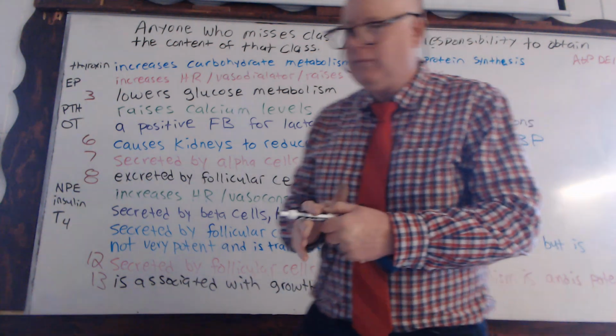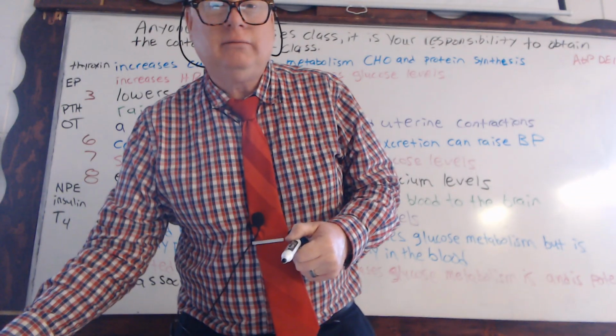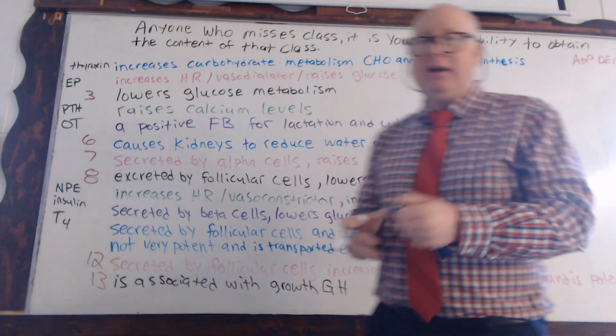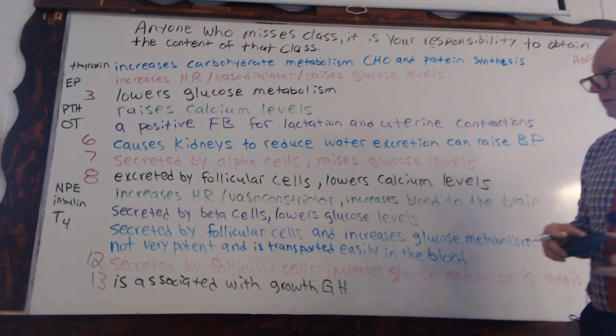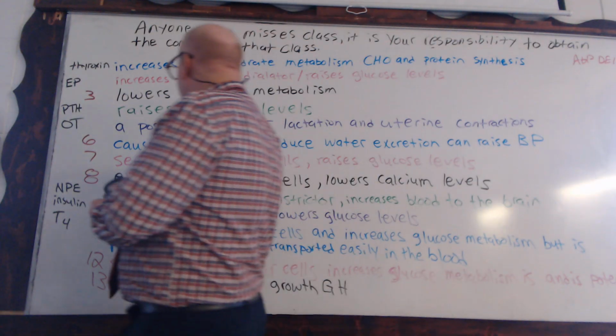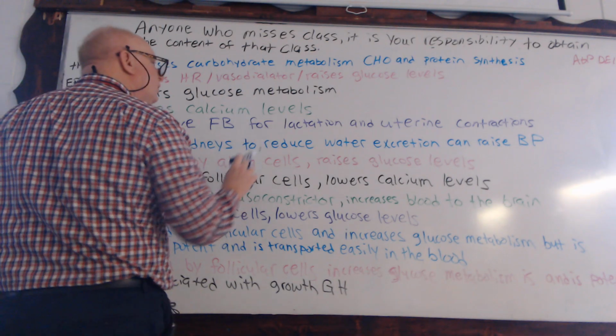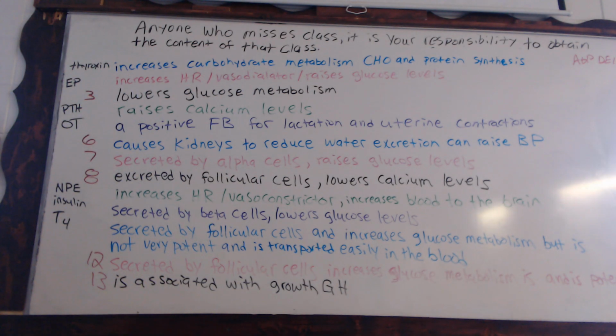Gentry. Okay? So pick a number. 6 is ADH. Number 6, causes kidneys to reduce water excretion and can raise the blood pressure. Okay.